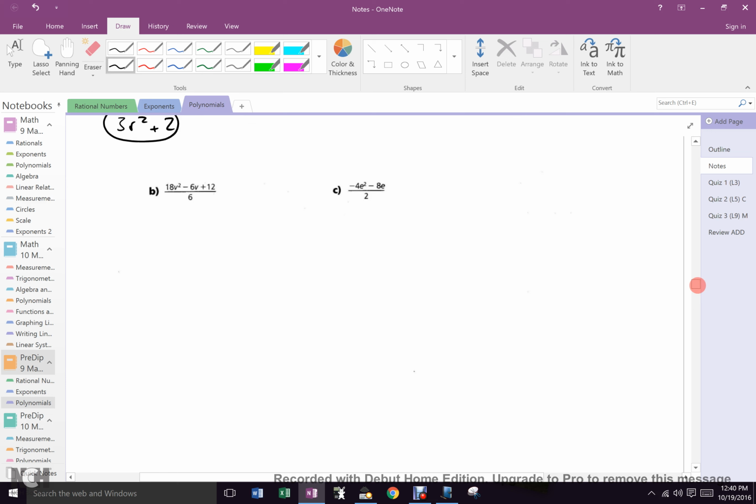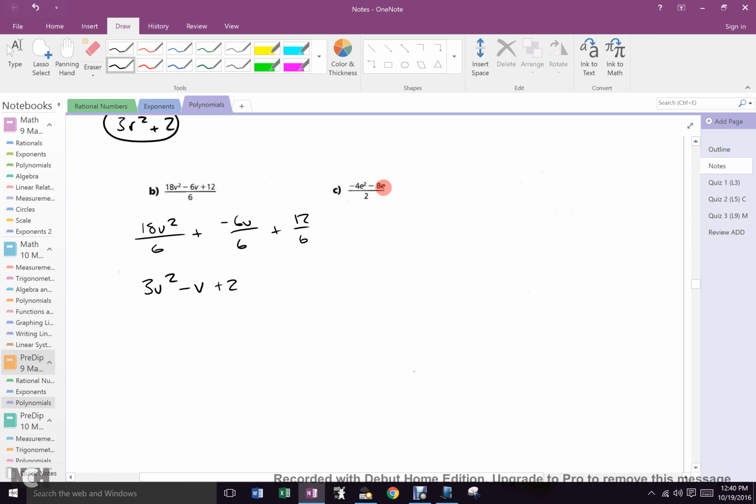What's this one? Really? 18v squared over 6 plus negative 6v over 6 plus 12 over 6. What's this? 3v squared. What's this? Minus v. How do we really write it because we're lazy? Minus v and plus 2.